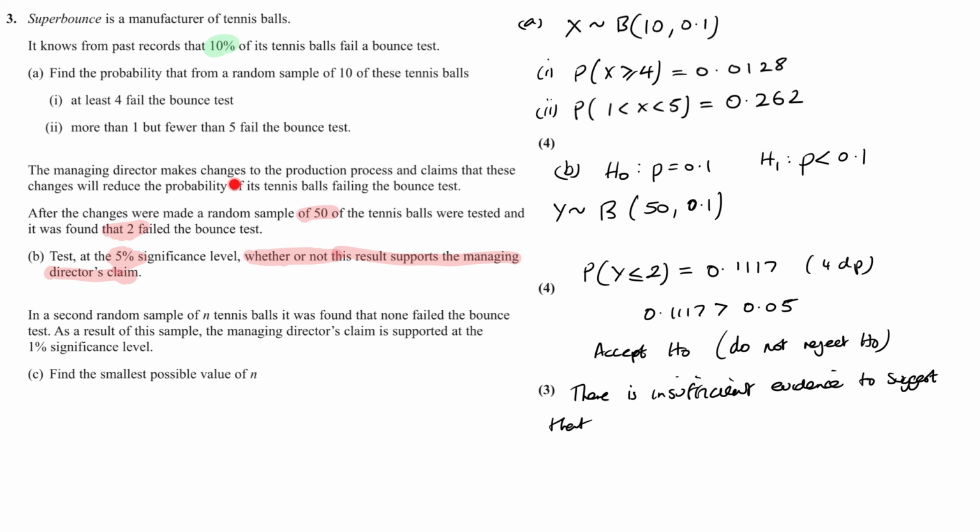He makes changes to the process and claims that these changes will reduce the probability. So there is insufficient evidence to suggest that the changes to the process reduced the probability of tennis balls failing the bounce test.